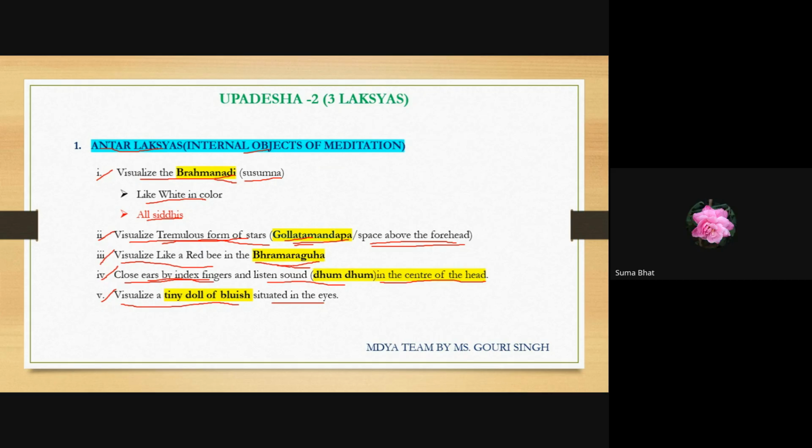For example, Ida is the left nostril and Pingala is the right nostril. When we close our eyes, we feel air going through the left nostril, Ida, or the right, Pingala. But without closing one nostril, how can you know that the air is going through your left nostril only? Without closing you cannot say, right?